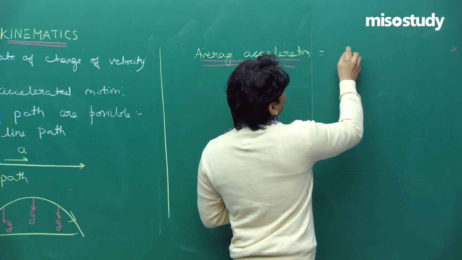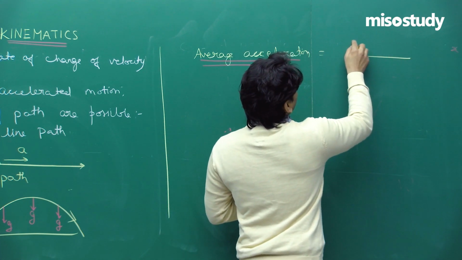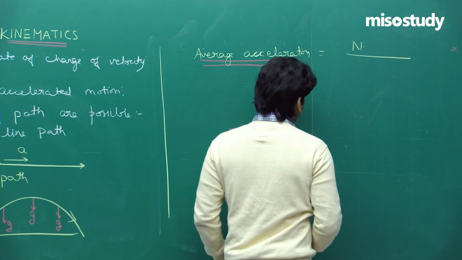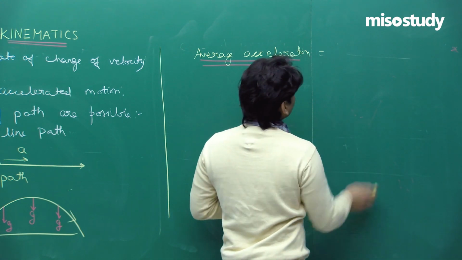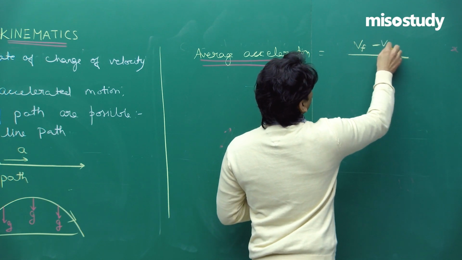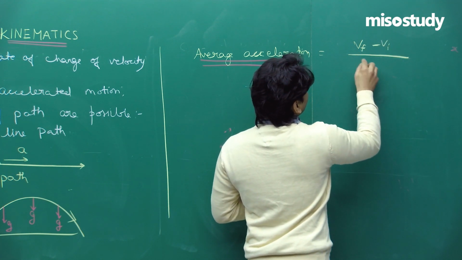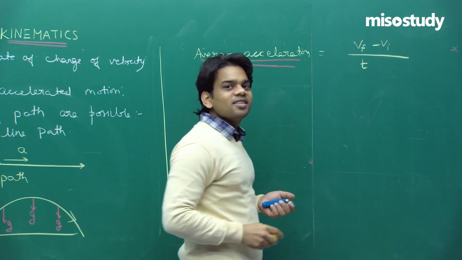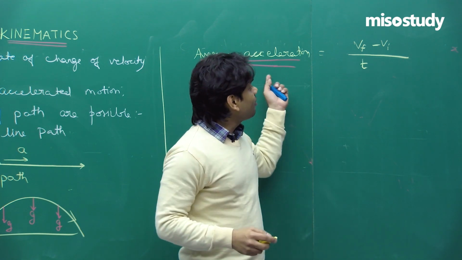This is the net change in velocity, that is V2 minus V1, or V final minus V initial, upon the total time taken, that is T. This is the value of average acceleration.